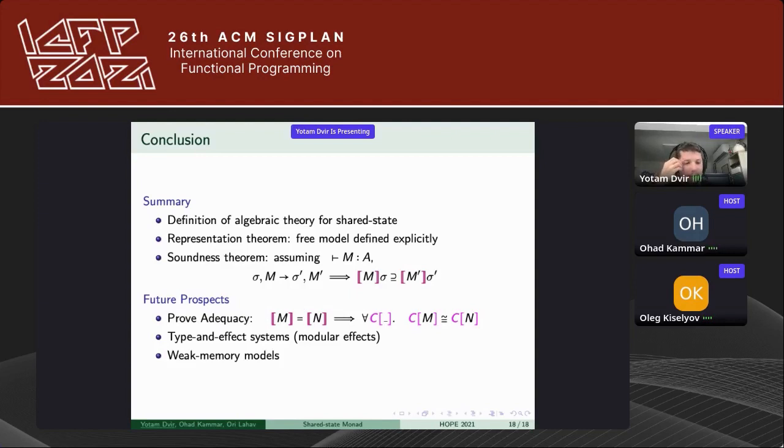I think that's immediate if you define denotations recursively. I would call it a simple proposition.